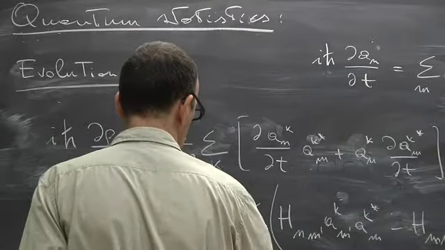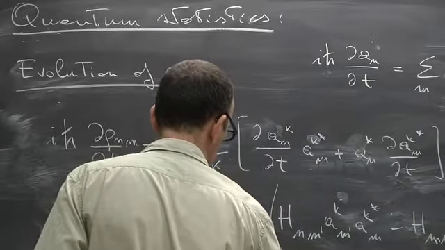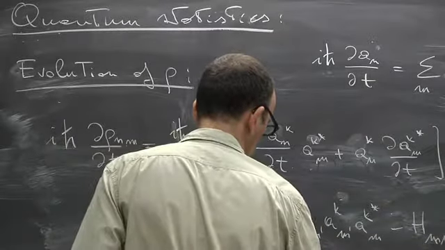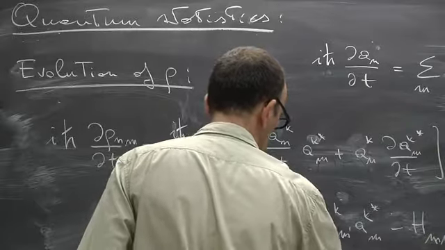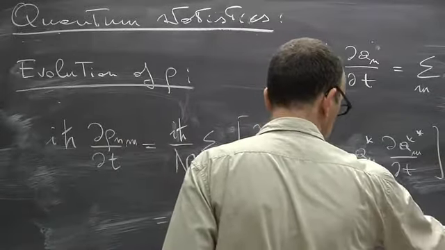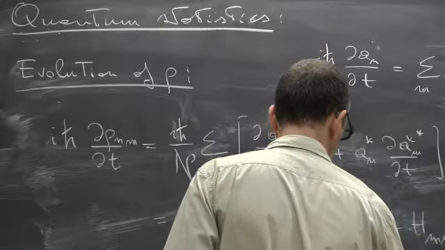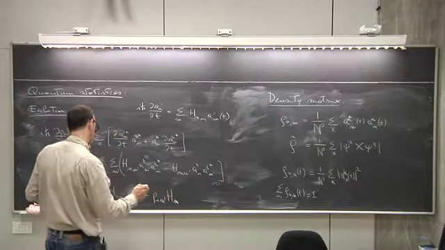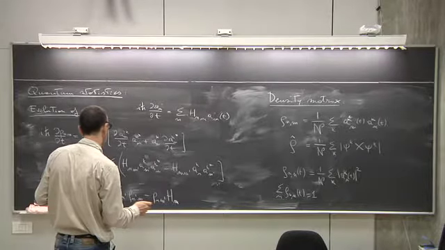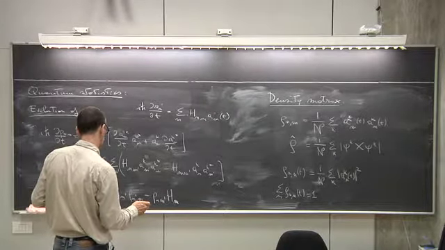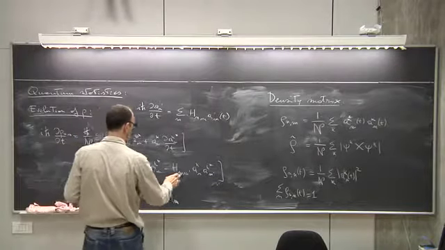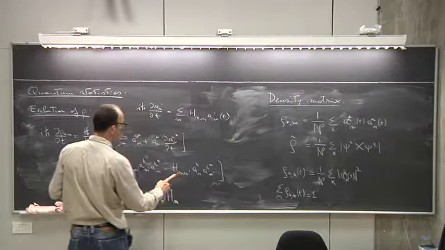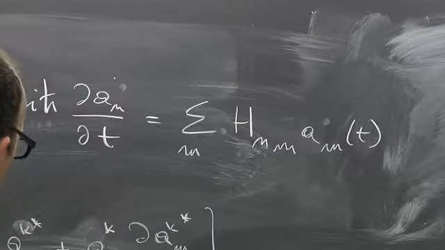You have a sum over m prime of two terms: h of n m prime times what I have here, which is exactly rho of m prime m, and the other term is rho n m prime times h of m prime m.